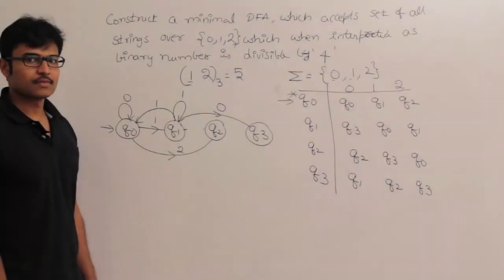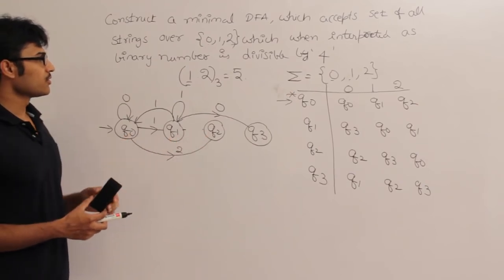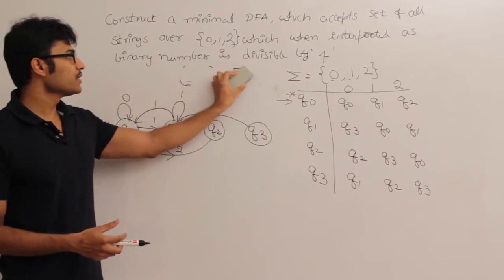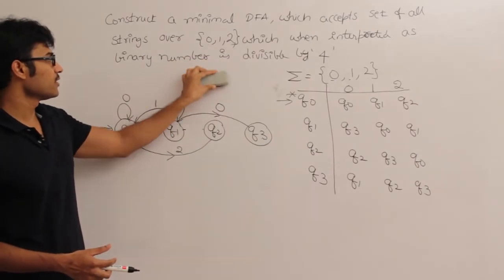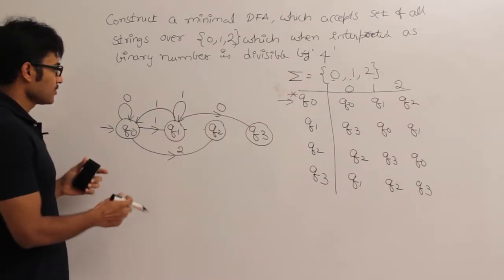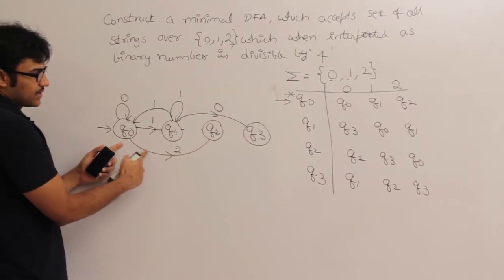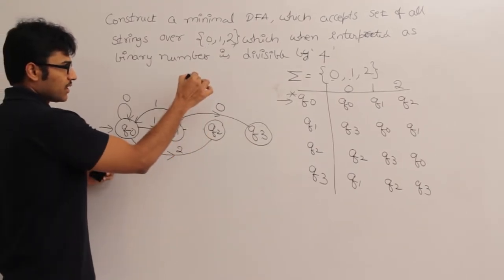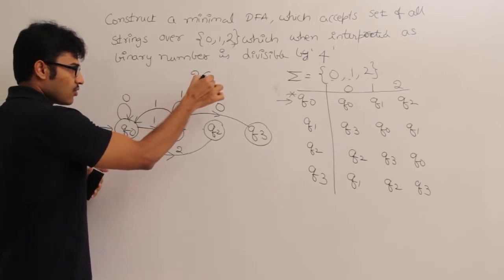Now let's see Q2. Q0 is done, Q1 is done, and now we are going to see Q2. How did we reach Q2? We have reached Q2 by seeing all these strings which will give a remainder of 2 when divided by 4. What is the smallest such string? It is nothing but 2. From the initial state, if I see 2, I am in Q2. Now if I see a 0, what does it mean?